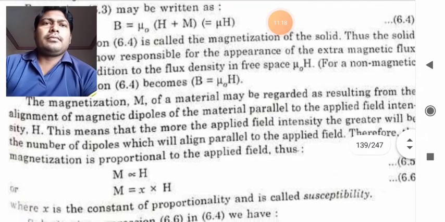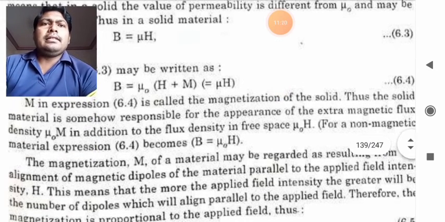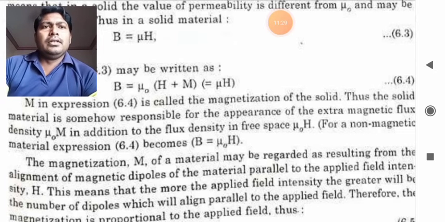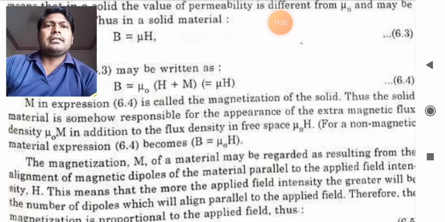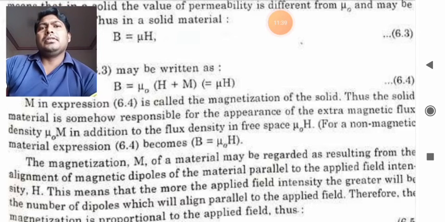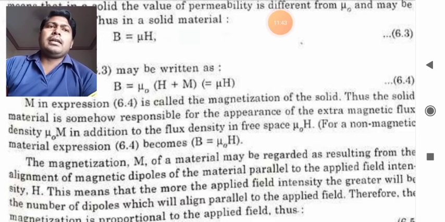Now, the magnetization M of a material can be regarded as resulting from the alignment of magnetic dipoles of the material parallel to the applied field intensity capital H. This means that the more the applied field intensity, the greater will be the number of dipoles aligned parallel to the applied field.